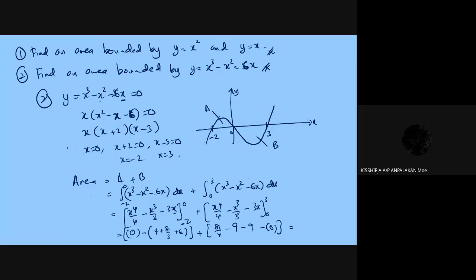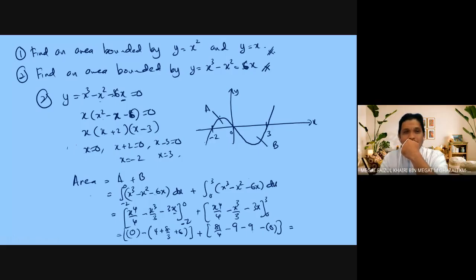Okay, teacher, can. Okay, for today, I have covered a few questions on area. We are going to continue with finding the volume of the graph of the area rotated 360 degrees about the x-axis or y-axis in our next class.